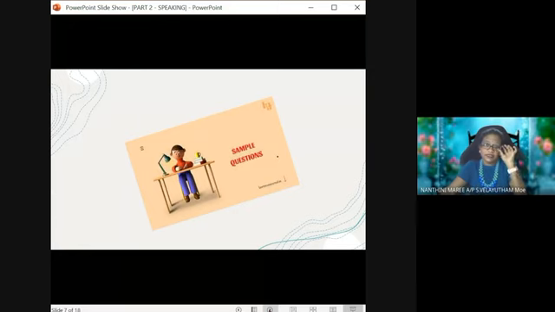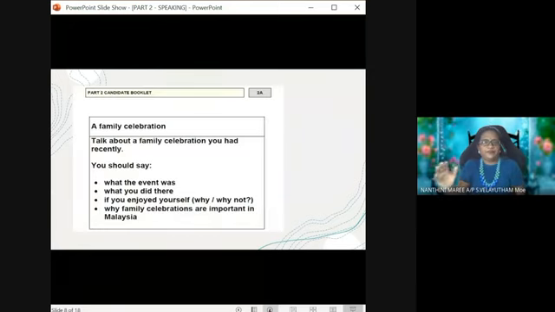Let's look at some sample questions. To all SPM candidates, you are not just going to be thrown a question. You will be given 3 to 4 subtopics. It should be very helpful for you. For example, here, a family celebration.